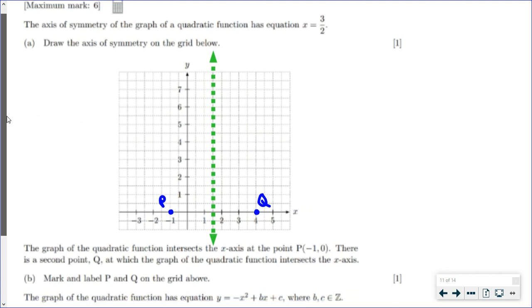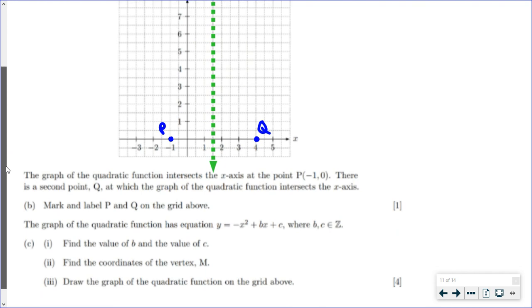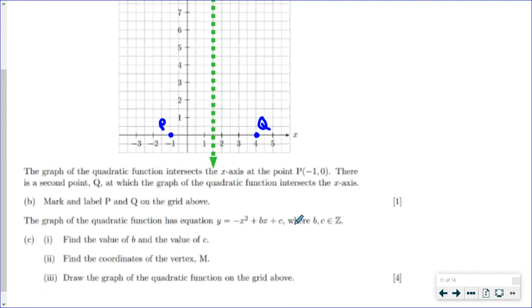All right. The next says, the graph of the quadratic function has the equation y equals -x² plus bx plus c, where b and c are integers. Find the value of b and the value of c. There's a couple of different ways you could do this. There's a hard way and an easy way.